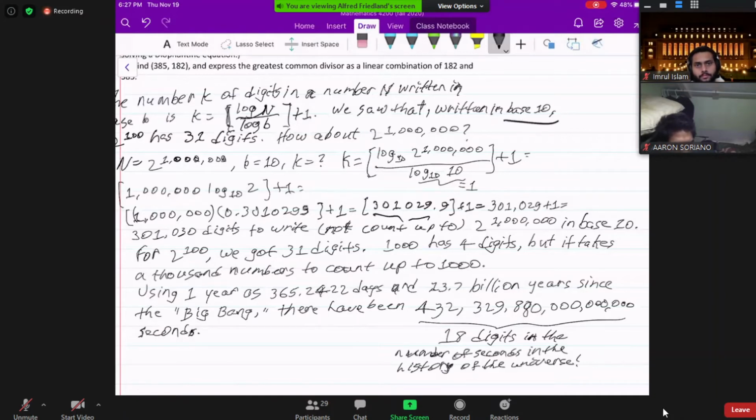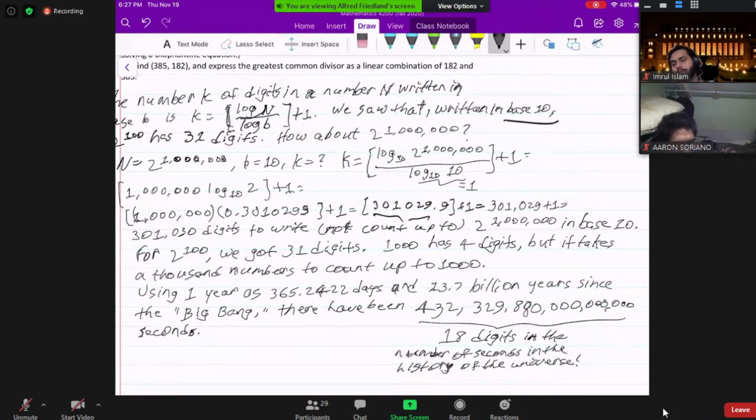In the whole history of the universe, you can express the number of seconds since the presumed Big Bang, 13.7 billion years ago. The total number of seconds, to count them, you need only 18 digits.